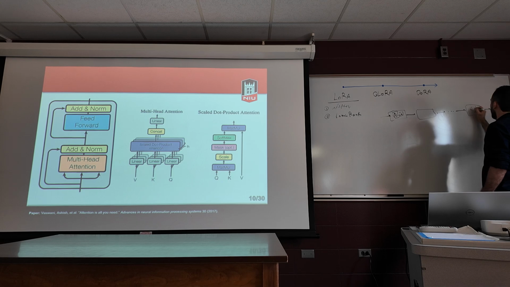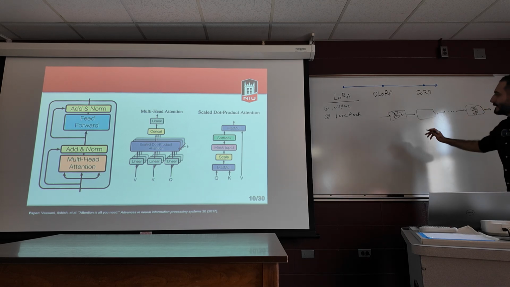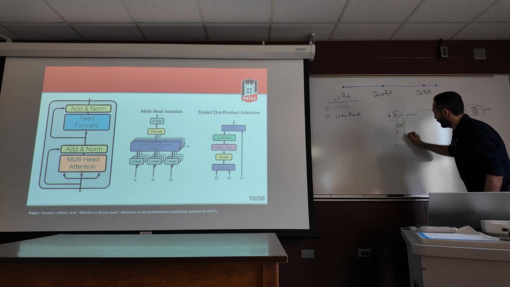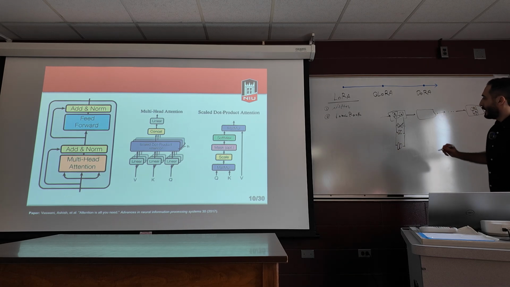They said let's use a low rank matrix for each of them. So we can construct such a thing for all of them. I don't want to spend all the time on drawing. Imagine it's a low rank matrix.